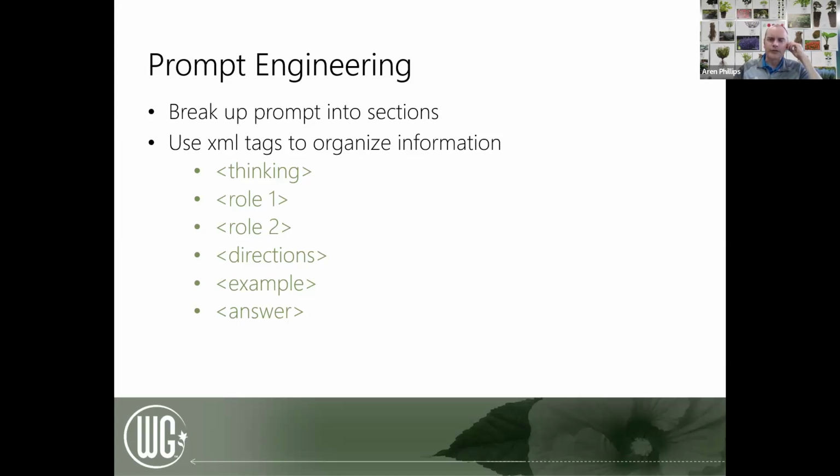This is really useful, especially if you're getting into really complicated tasks, okay? So just kind of think of it as a label for the prompt that you're giving to AI, okay?